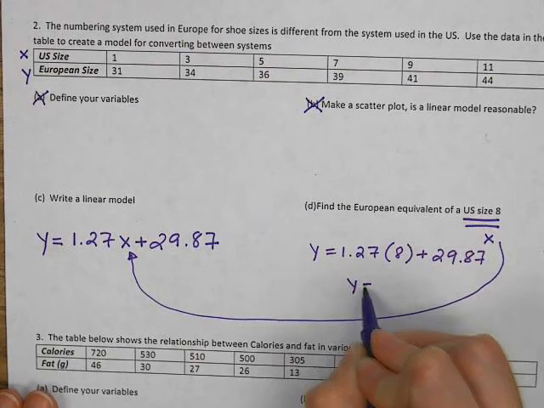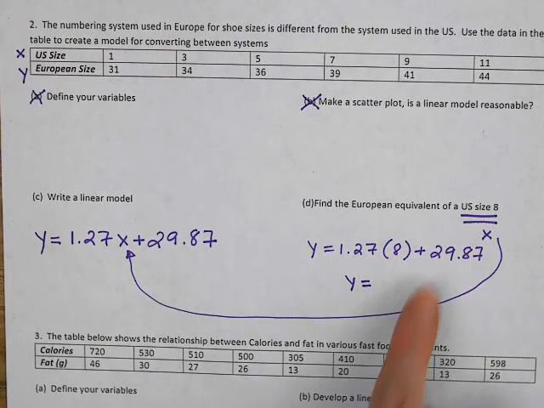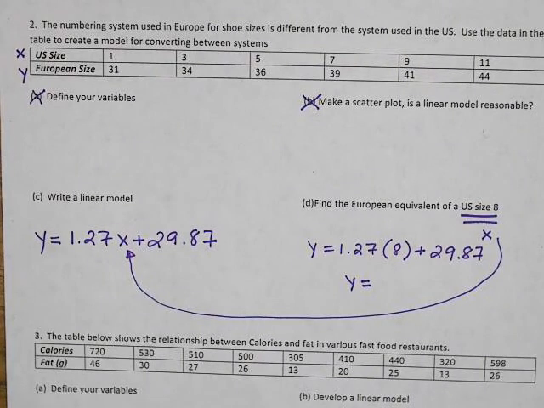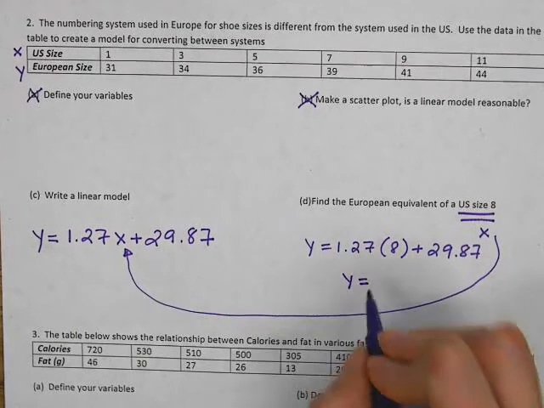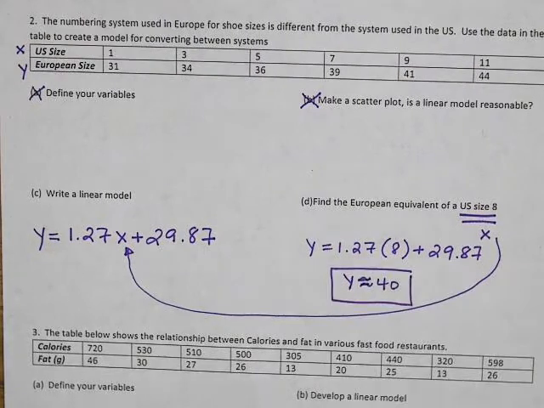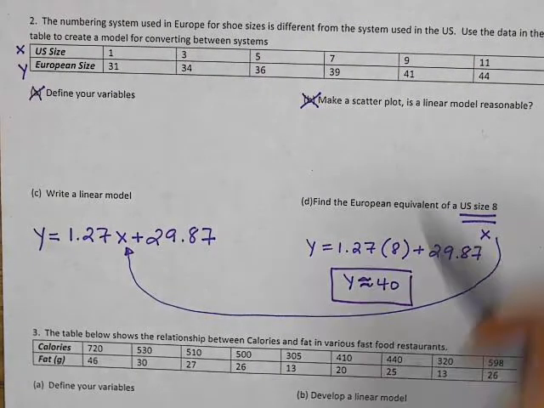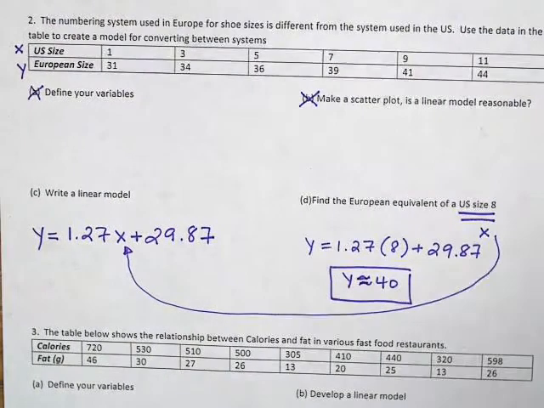We're going to use our model to get Y. So on your calculator, 1.27 times 8 plus 29.87. So the European equivalent would be a 40.03, so I would say about a 40. And that actually lines up perfect with our data. An 8 would be about a 40, so this was pretty good.